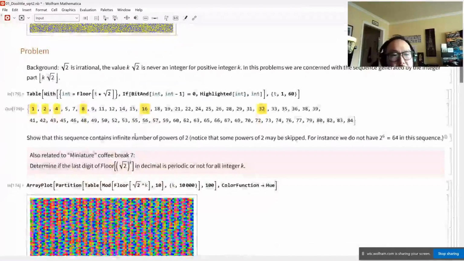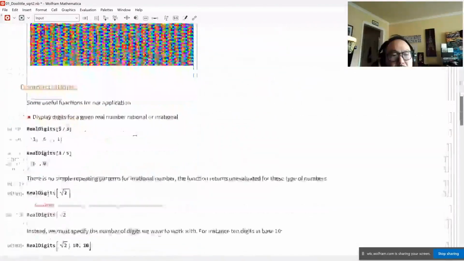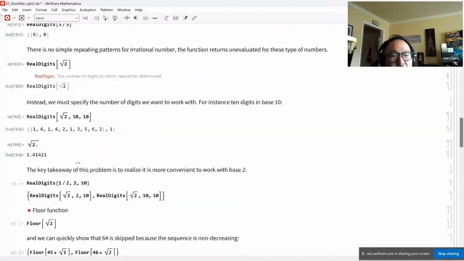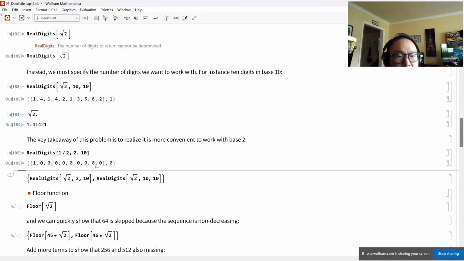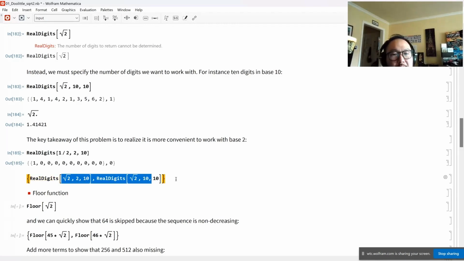The idea behind this really powerful RealDigits function is that you can specify the base for the number. For example, 1/2 in decimal, taking 10 decimal places, is just 0.5, so there's no digit to the left of the decimal point. So this is the same number viewed in different bases.